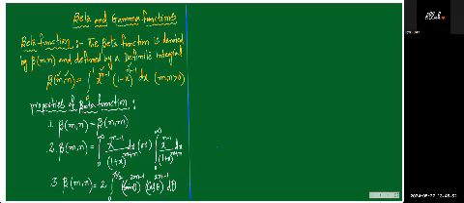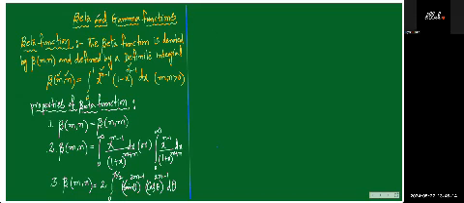These are the very important properties of beta function. We have to prove these properties one by one, and later on these properties will become the formulas when we are doing the problems. Understood?